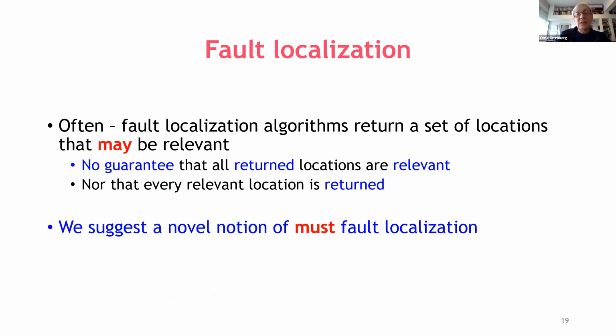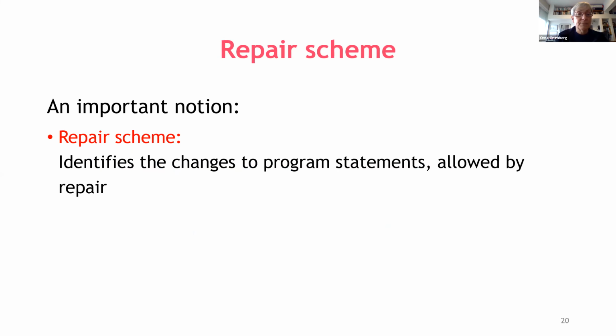In the literature, most of the fault localization algorithms return a set of locations that may be relevant. It means that there is no guarantee that all returned locations are relevant, and it is not guaranteed that every relevant location is returned. We, on the other hand, suggest a novel notion of must fault localization.